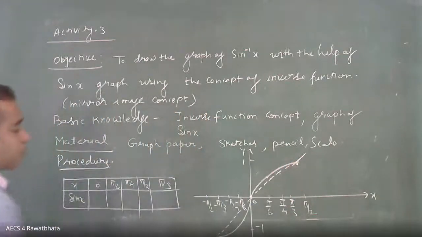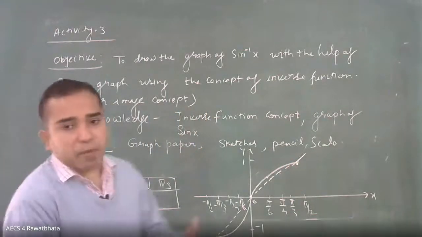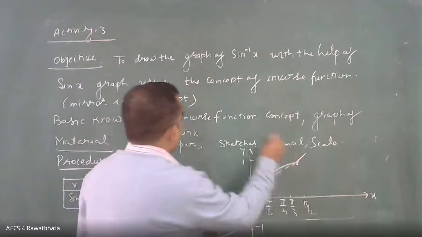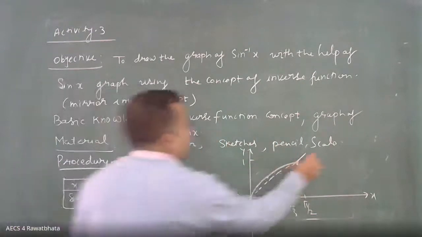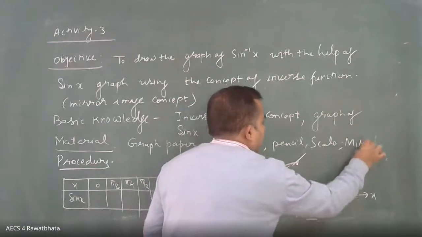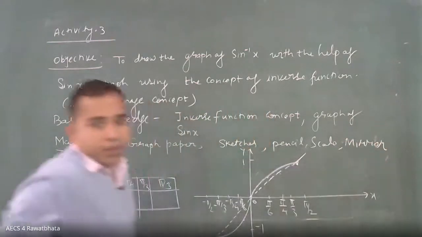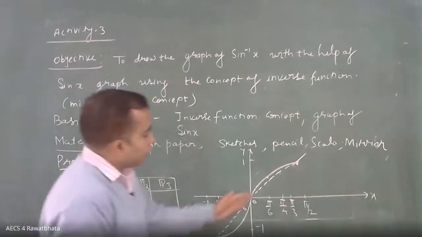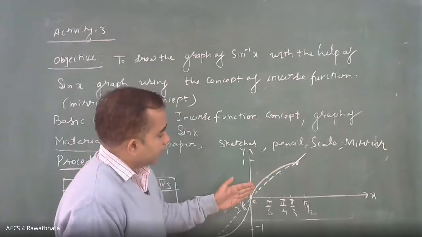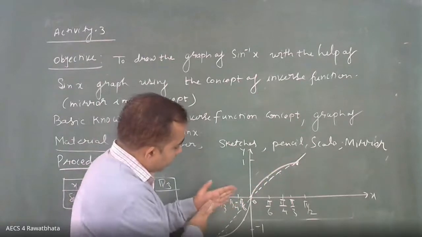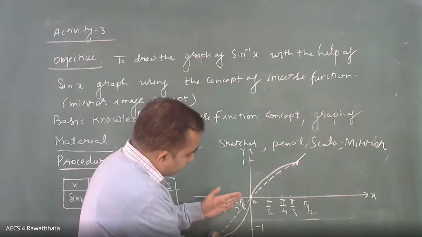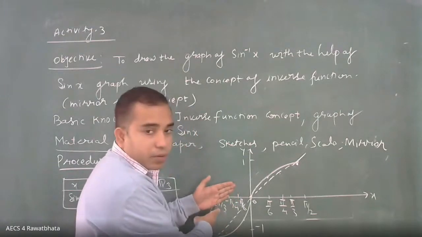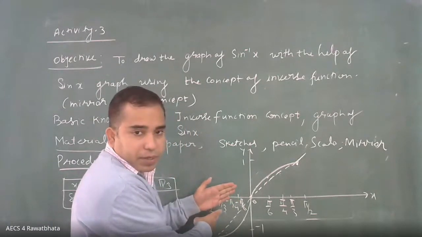Then what you do, you take a plane mirror. Of course, in the material we need a mirror also. Yeah. So now what you do, you take a mirror and you put on the line y equal to x line, right? So if the mirror side is in front of this curve, its image you will see here in the mirror, right?